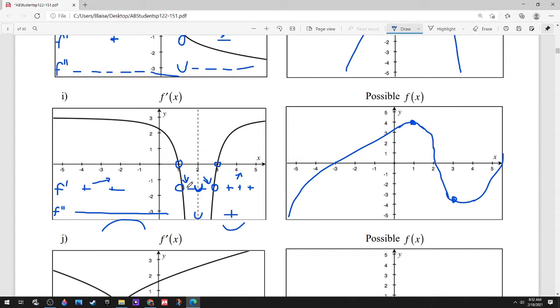Oh, I was rushing so bad. Well, I'm glad you got to see that. So this asymptote here, yeah, okay. Oh, I feel silly.